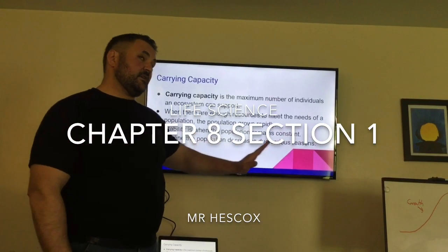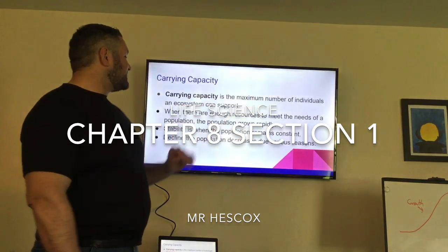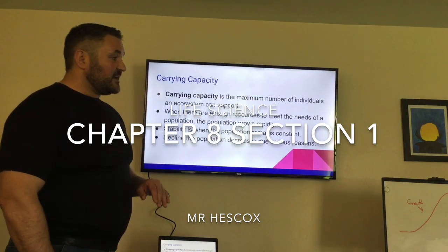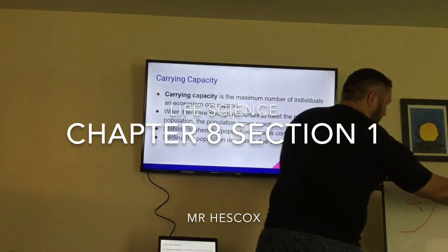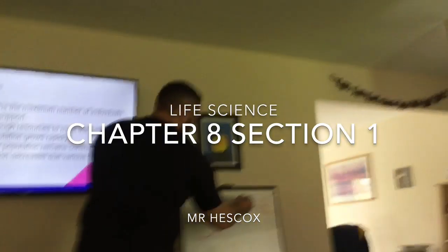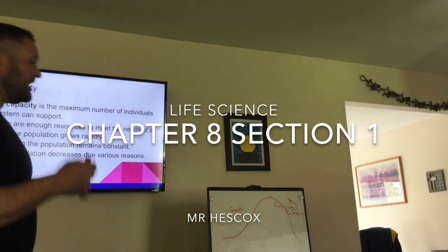Many types of organisms will hit that carrying capacity and just stay right along the carrying capacity of their environment. Sometimes you'll have that decline. Now, if this would become decline, instead of this being here, it drops that way. That's decline.